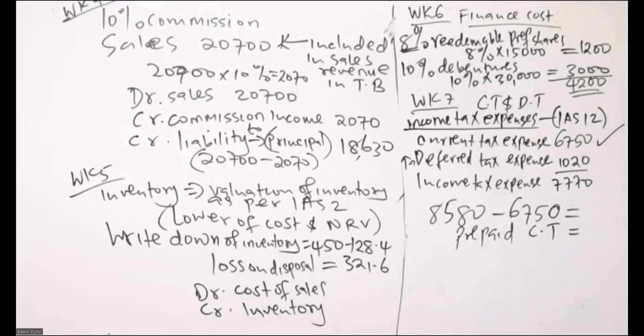The difference is 1830. So the only thing which will be remaining here is one.